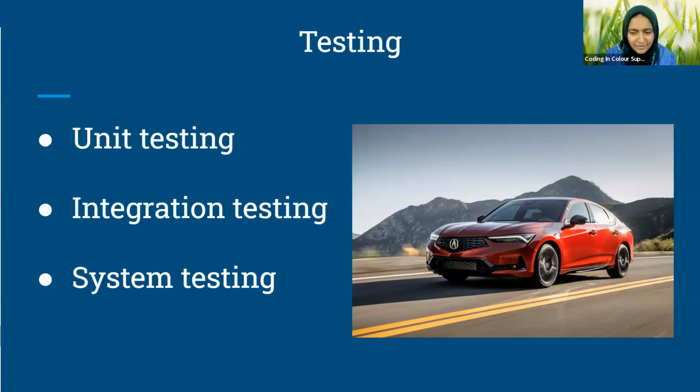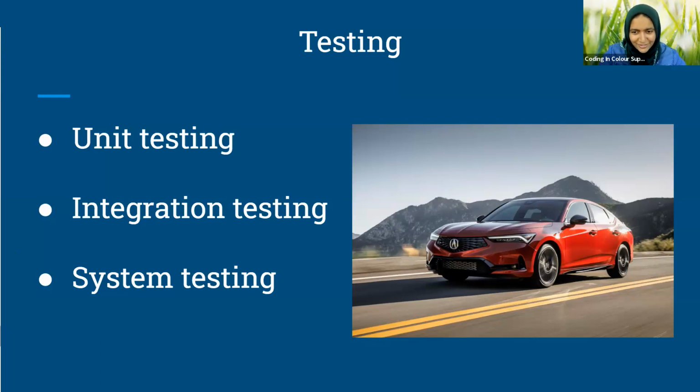Okay, and then we've got integration testing, which is how do you take all of these little things in your code? For example, you might have different functions or different processes that are supposed to be running and they're working fine on their own, but how do we make sure that they're working well together, right? So you might look at a slightly bigger part of the system to say, okay, in the example of the engine, you might look at different parts that make up the engine.